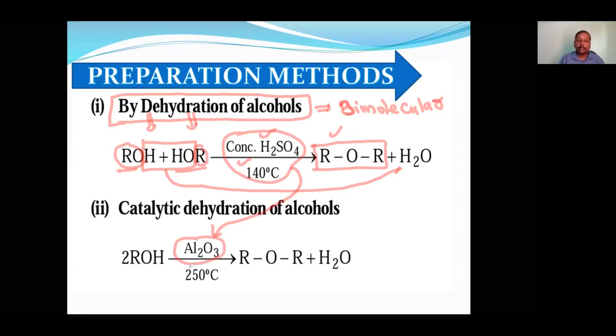What is the temperature here? 250 degrees Celsius. Reaction is same. Products are same. Reactants are same. Sulfuric acid can do the same job at 140 degrees Celsius, but Al2O3 requires a high temperature of 250 degrees Celsius. Are you able to understand?